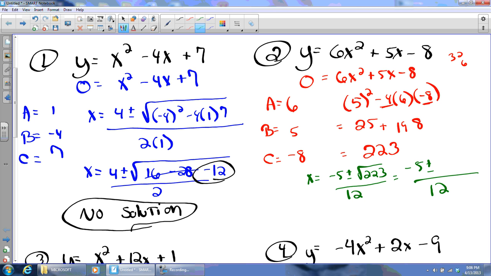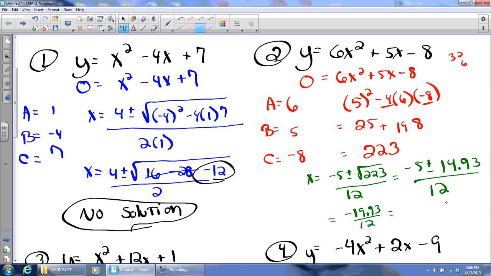It's going to be pretty close to 15, like 14.85, 14.9, because 15 squared is 225. Yeah, 14.93 to be more accurate. And so that's going to equal negative 19.93 divided by 12.